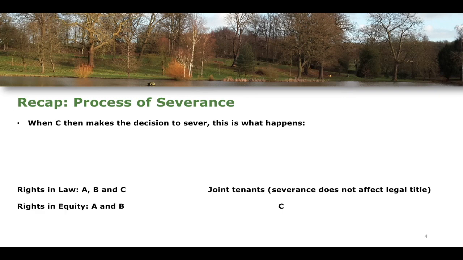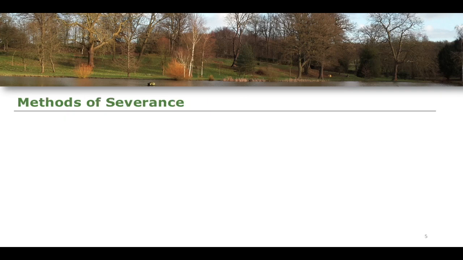But in equity, we see a division between A and B on the one hand, who have not severed, and C, who has. A and B remain joint tenants in equity, but C turns into and becomes a tenant in common in equity. And so this is really what the process of severance involves.